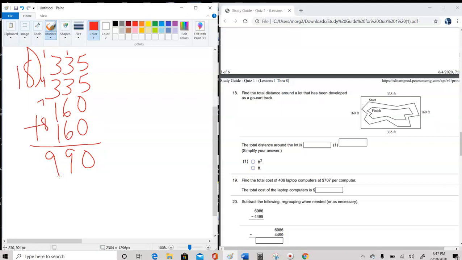So the total distance around the lot is 990 feet. Be careful, do not use square units when finding distance or perimeter. Square units are reserved for area.